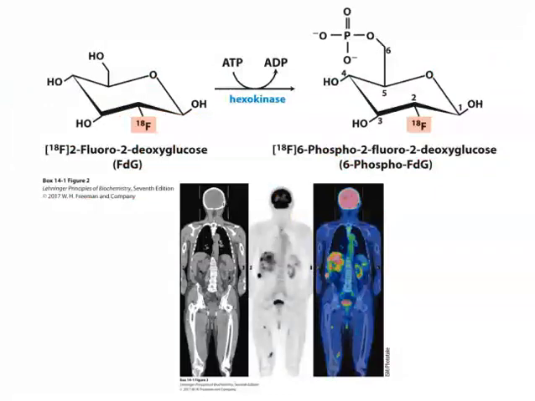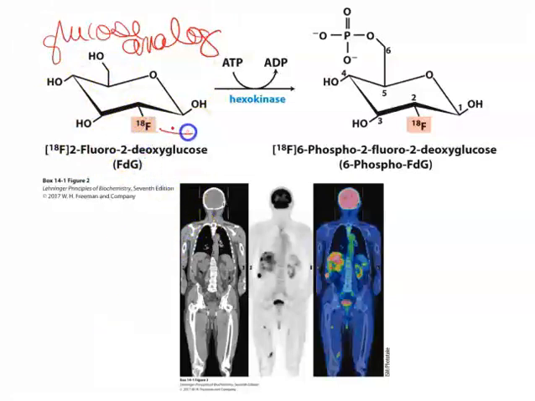Here you can see something that was looked at in your homework, and we're looking at a glucose analog, a molecule that mimics the structure of glucose, except instead of an OH, we have a fluorine. So this was OH in glucose.